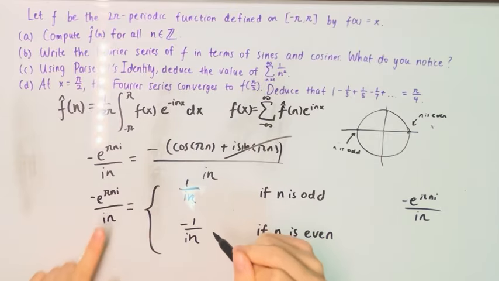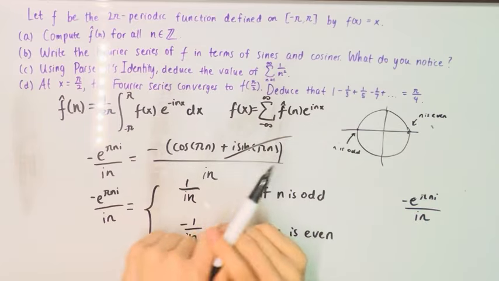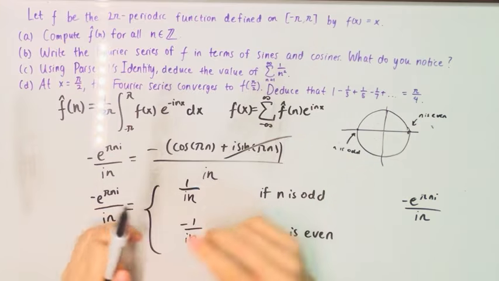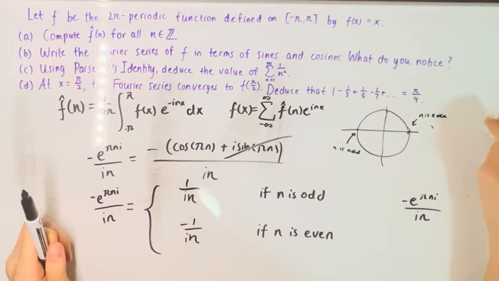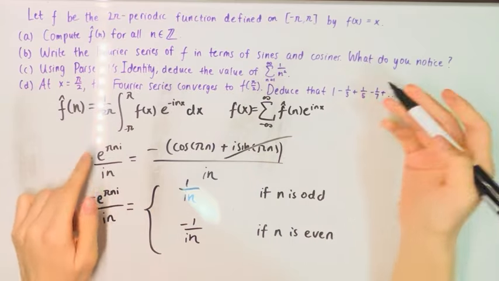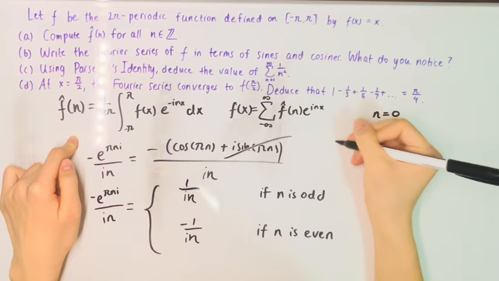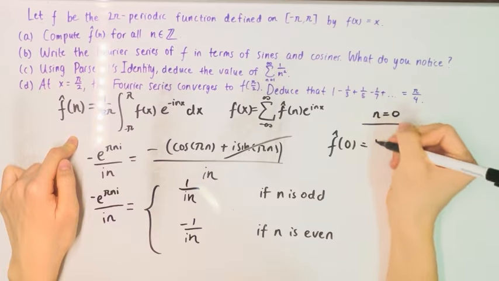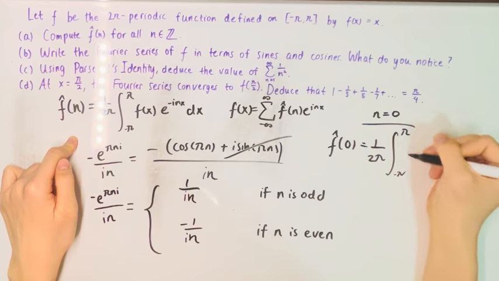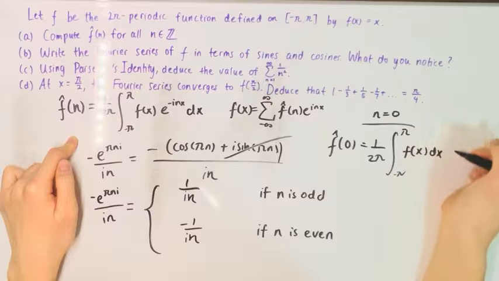Now notice that when n is 0, we kind of have a problem, right? Because you can't divide by 0. But we can actually go back to our original expression. So notice that when n is 0, this will just cancel, which means that for n equals 0, we have c of 0 equals 1 over 2 pi integral from negative pi to pi of f of x dx.